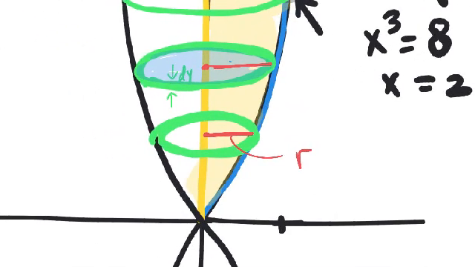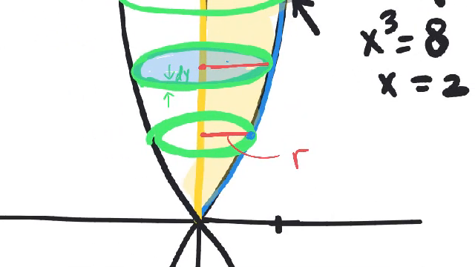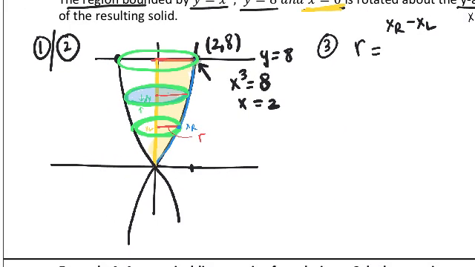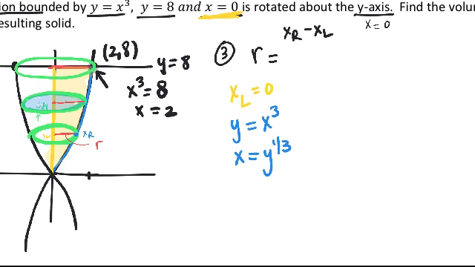The x right is on this blue graph, and x left is this yellow line. The yellow line is the line x equals 0, so x left is 0. The blue graph is y equals x cubed, which means x equals y to the 1/3. So my radius is y to the 1/3 minus 0, or y to the 1/3.